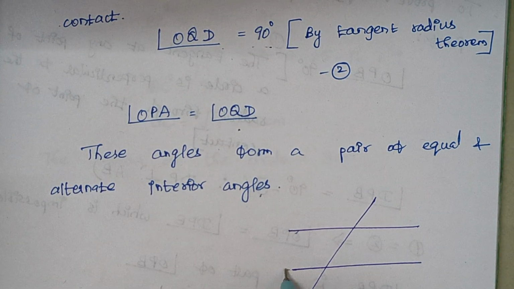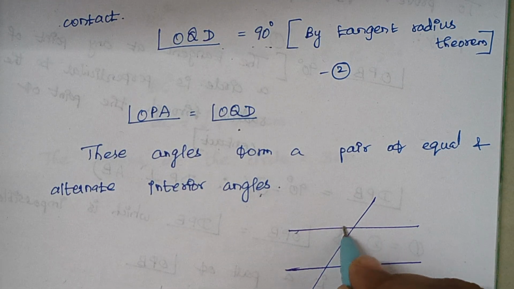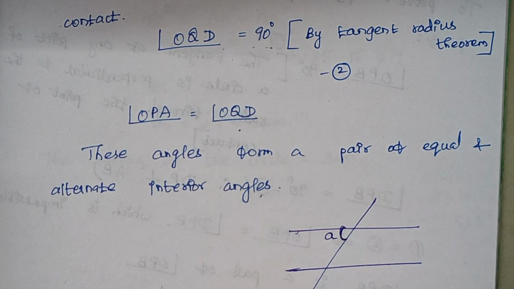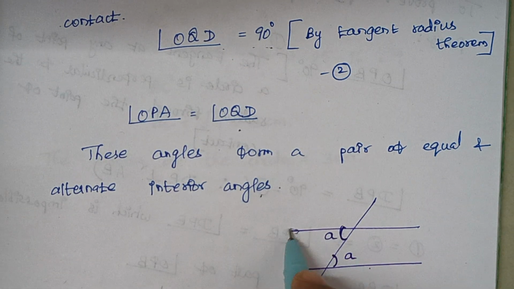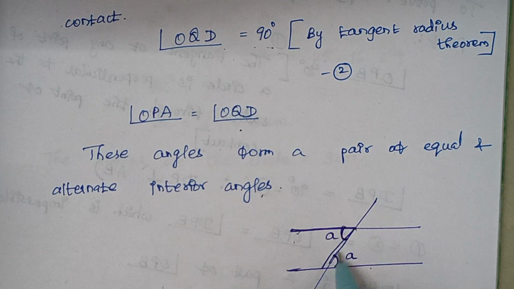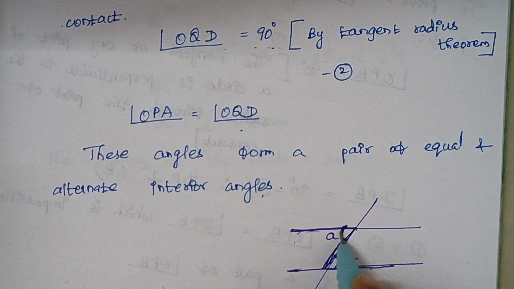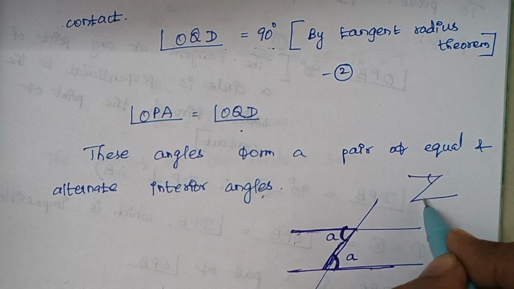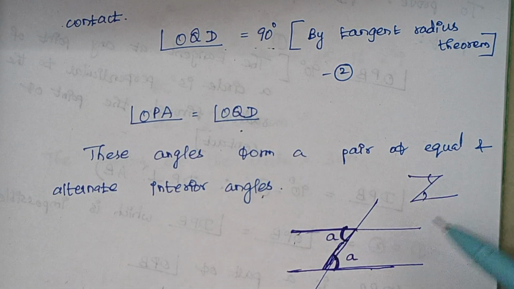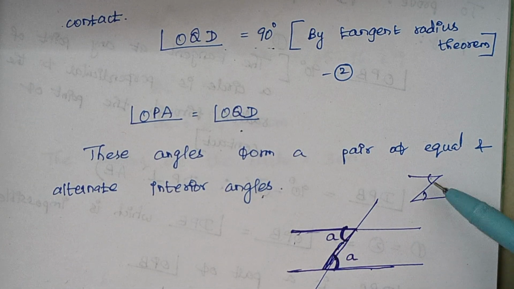For example, let the angle at this point be A. Then automatically this angle will be equal to A, because they are alternate interior angles. That is, in the form of a Z, this angle will be equal to this angle, like this.